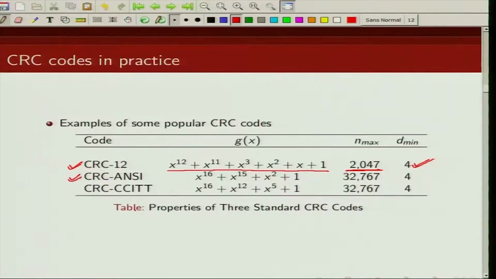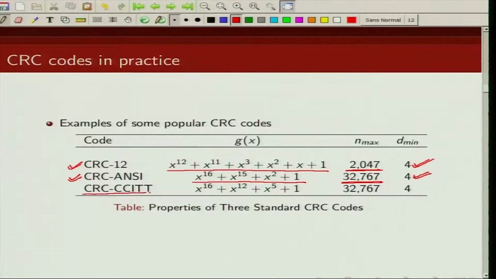Another popular code is CRC-ANSI, a 16-bit CRC code with generator polynomial x^16 plus x^15 plus x^2 plus 1, which can handle n of 32,767. Its minimum distance is also 4.